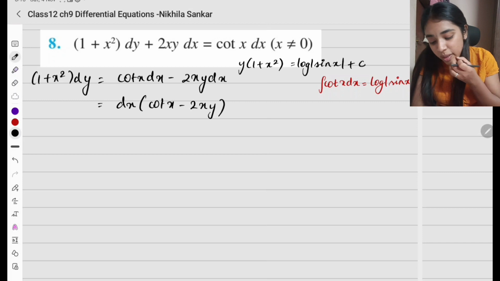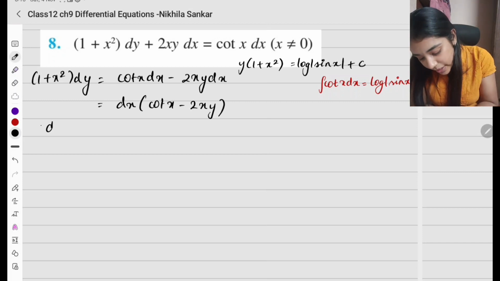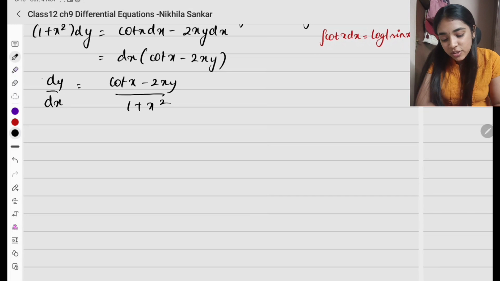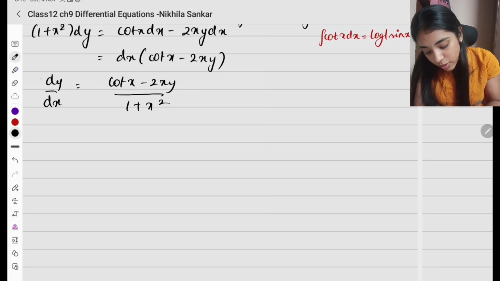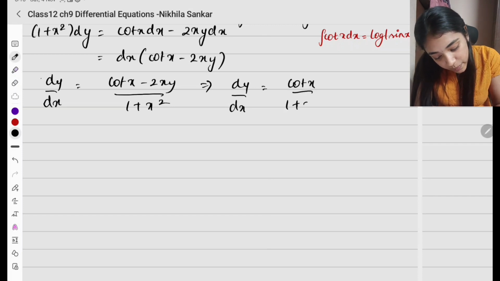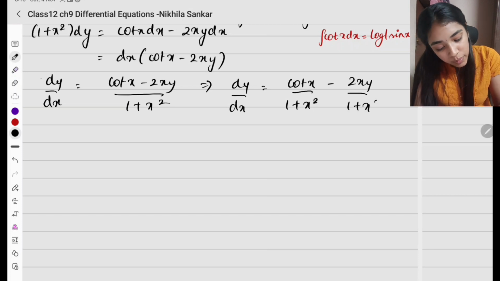Now, dy by dx. Yes, dy by dx equals cot x minus 2xy divided by 1 plus x square. So this is not of the form that we require. So to bring it to the formula, what am I going to do? Dy by dx equals, first split. Cot x divided by 1 plus x square minus 2xy divided by 1 plus x square.